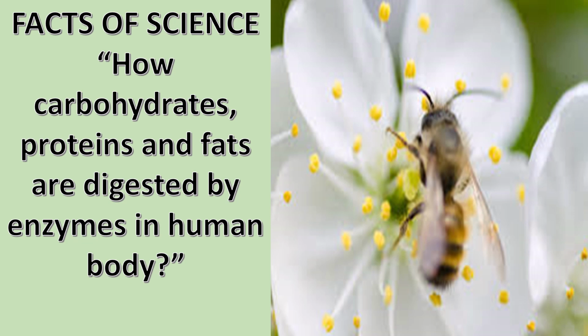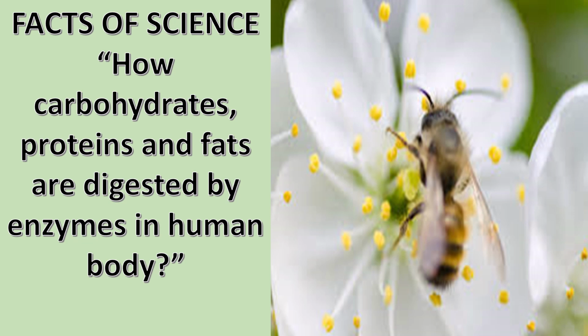Proteins are made up of amino acids. An amino acid consists of an amino group, a carboxyl group, a hydrogen group, and another functional group. Fats, normally triglycerides or lipids, consist of glycerol and fatty acids.